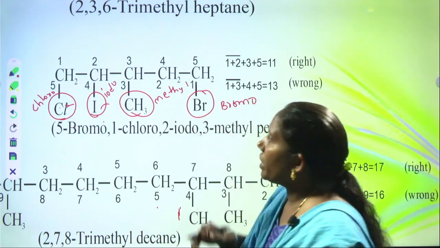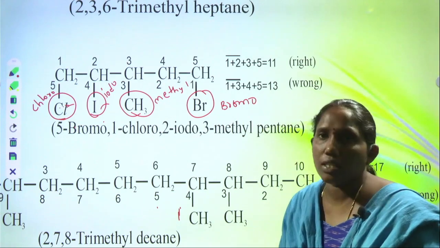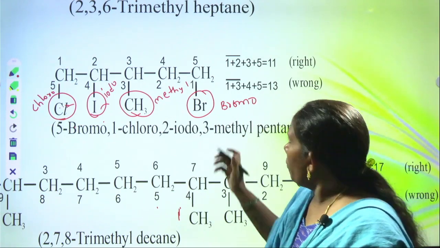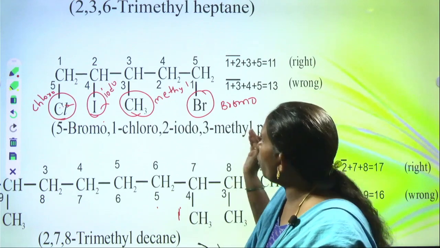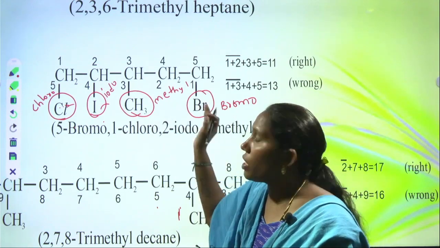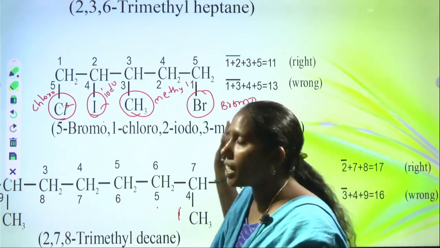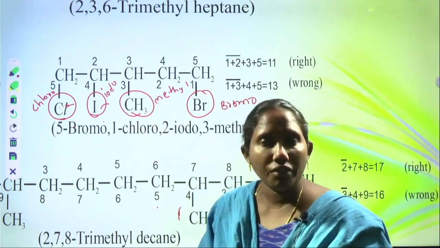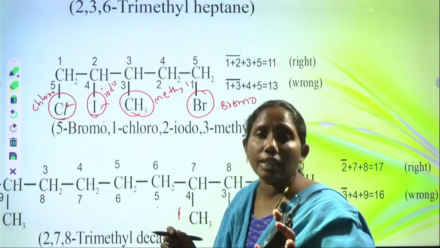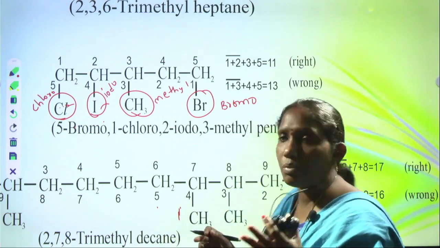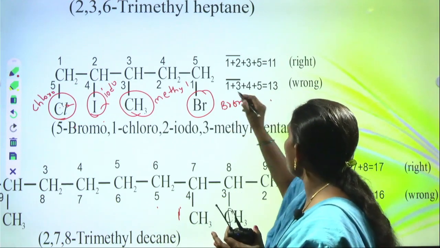So in alphabetical order, one should get the lowest numbering. First B will come. Because bromine comes first in alphabetical order, I will start numbering from right to left. Just check the numberings of the substituents. Bromine is in first position, 1.